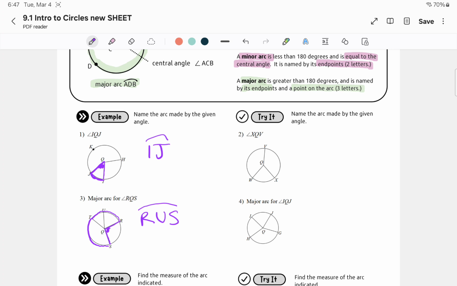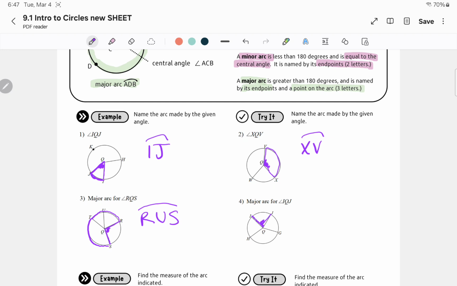All right, so it says name the arc made by the given angle. The angle is XQV. So this angle here, we want to name this arc here. So it's just XV. And now the major arc for IQJ, this one right here.